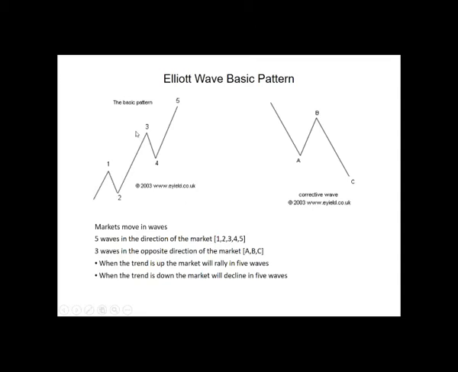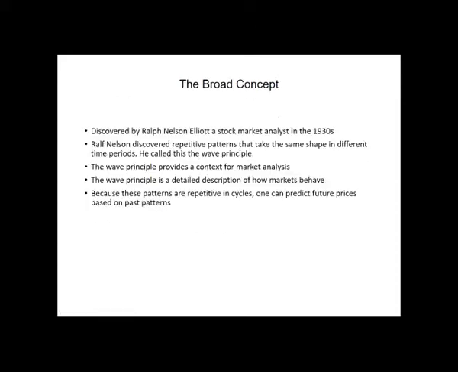So we got 1, 2, 3, 4, 5. So in a bull market, it's going up in 5 waves, and when you get a correction, that correction is in 3 waves. And that is the pattern on the right. A, B, C, we call it. A, B, and C. Okay, so this is a basic pattern. There are many other variations, but this is just the basic one.